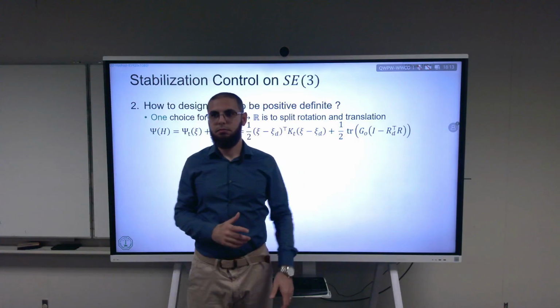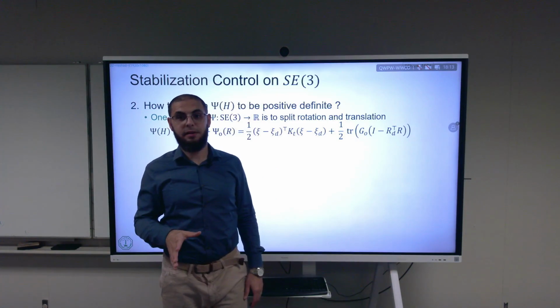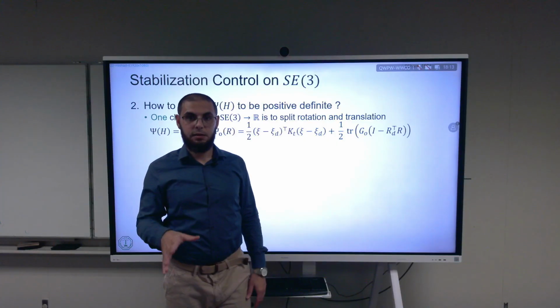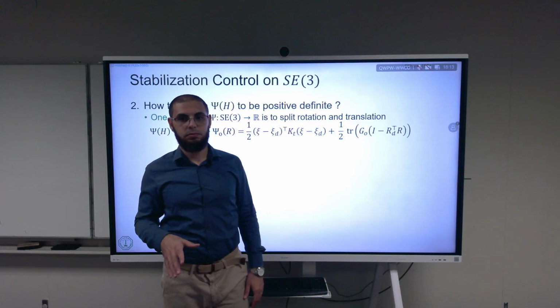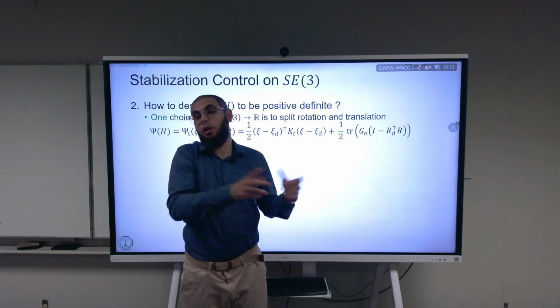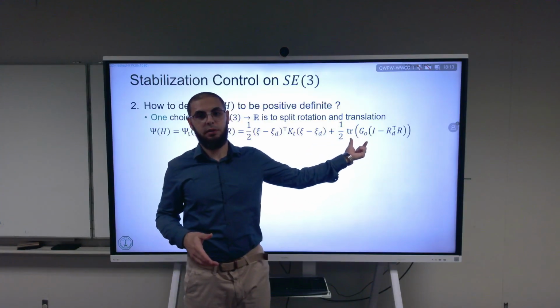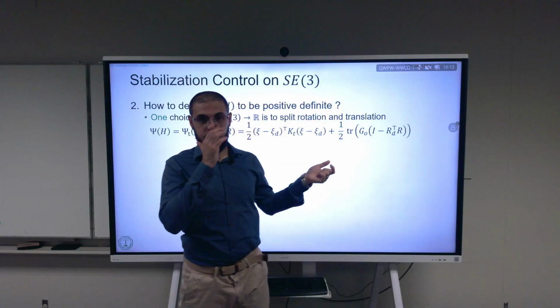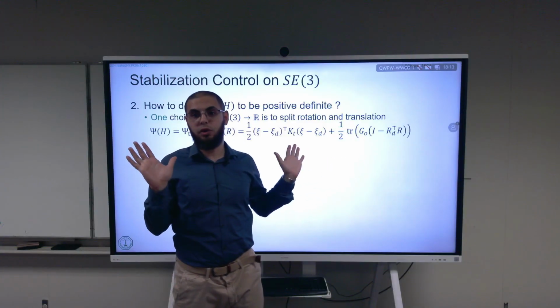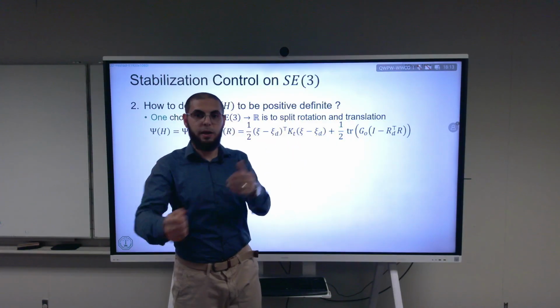So the G here is a gain matrix, a 3 by 3 matrix. It can, for example, mix between some terms. You can even couple, so for example I can have an error in the X give me some torque in the Y, in general. It just needs to be positive definite. How can we design this? It's a controller gain, just like the KT. So you tune it.